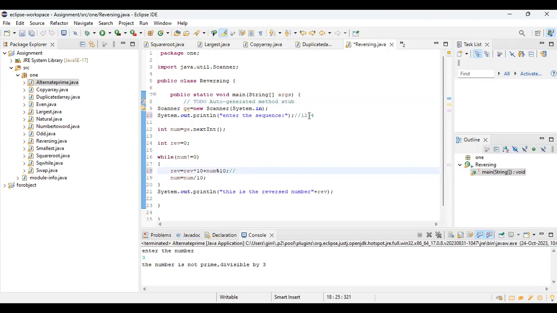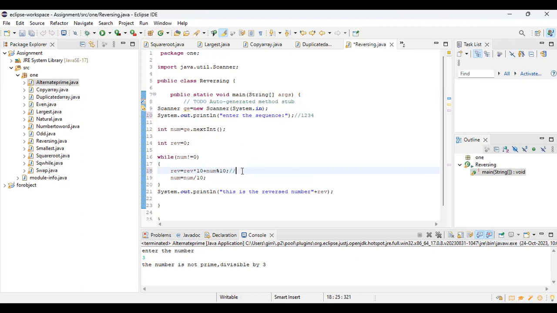So 0 into 10 is 0, plus num modulo 10. It is not divided by 10, it is modulo 10. So 1, 2, 3, 4 modulo 10 means we are dividing 1, 2, 3, 4 by 10, and the remainder is the modulo value.